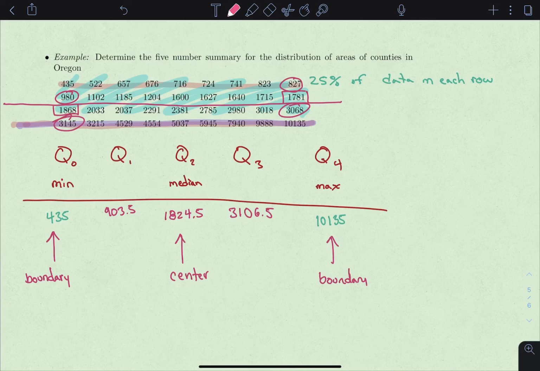And then Q1 and Q3, you can almost think of them as the center of the lower half and the center of the upper half. They're medians in their own right. Alright, so that's the 5-number summary. In the next video, we will use the 5-number summary to calculate a measure of spread, the interquartile range.